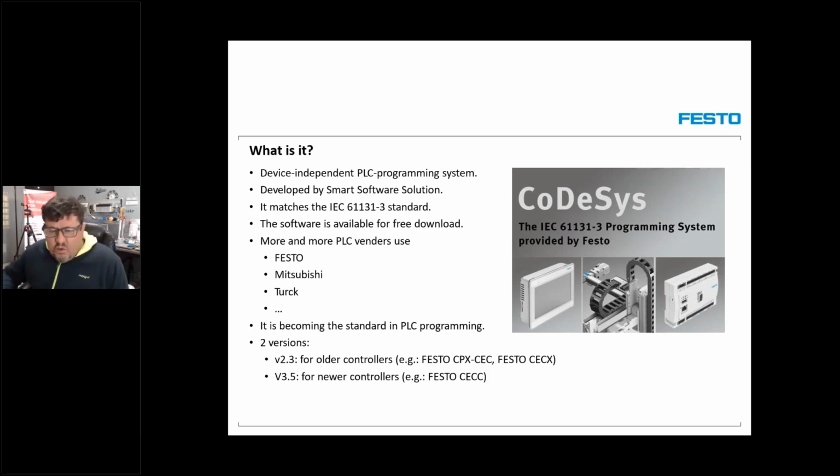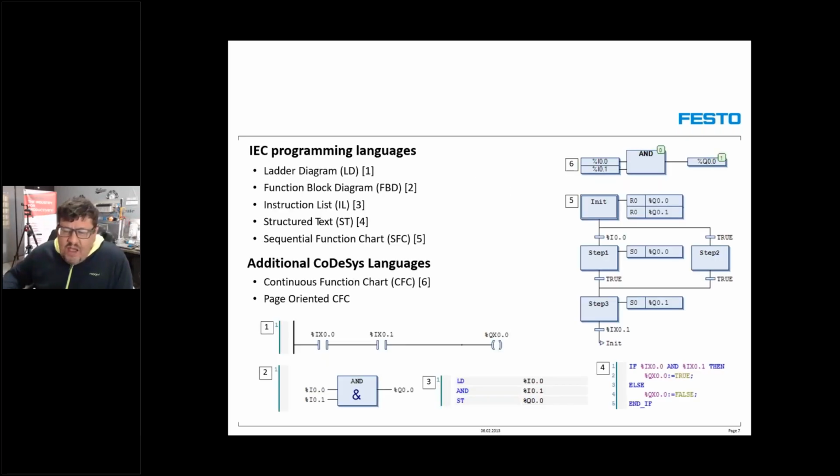Okay, these are all the IEC programming languages. There are 5 programming languages according to the IEC standard. I assume everybody with a little bit of PLC background will know that ladder diagram is like a universal programming language when it comes to PLCs. Function block diagram is also a graphical language, the same as ladder. Then there's instruction list, and structured text.